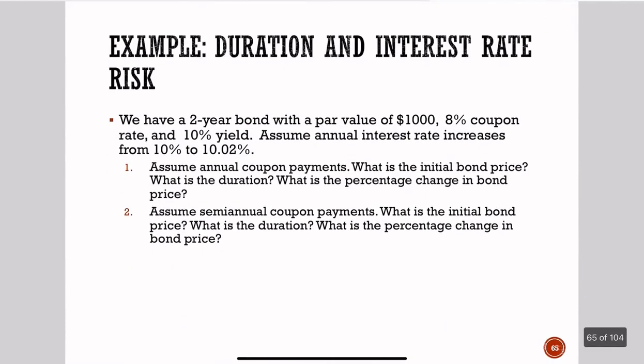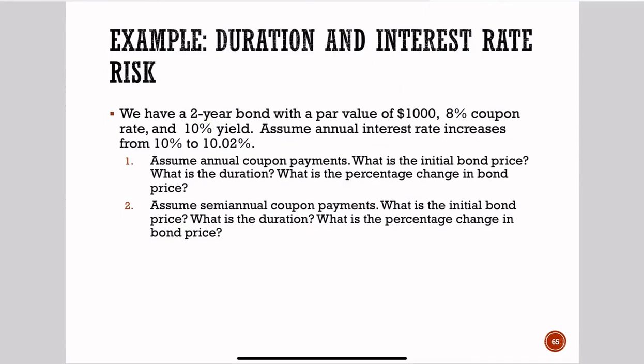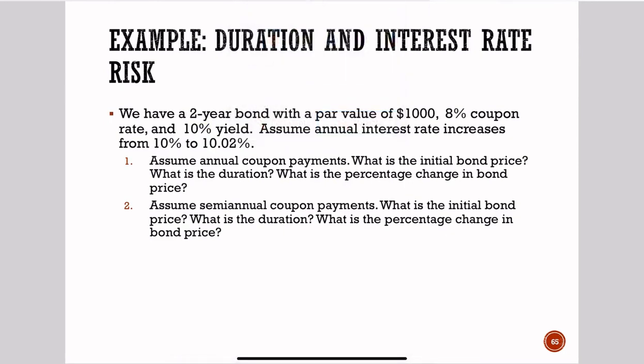Now let's see this example and learn how to calculate duration and how to use this formula to understand how bond price will change with respect to interest rate changes. Let's say we have a 2-year bond with a par value of 1,000, 8% coupon rate, and 10% yield.